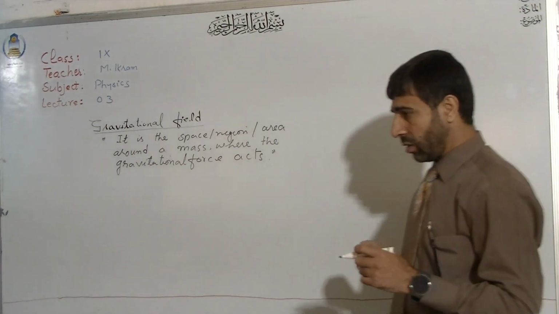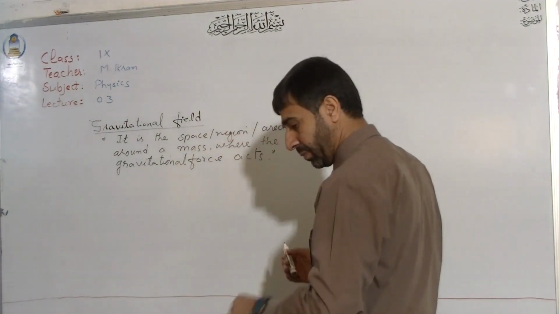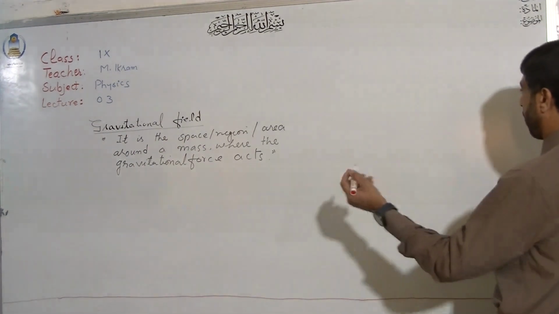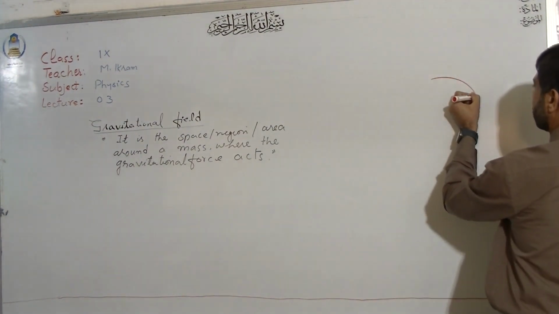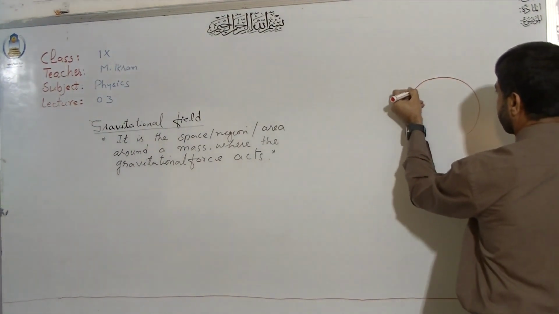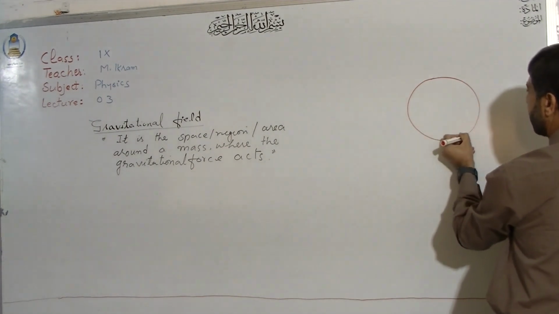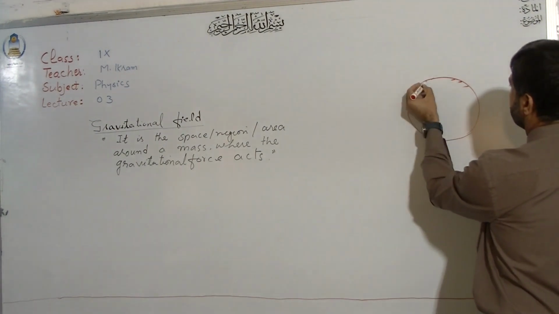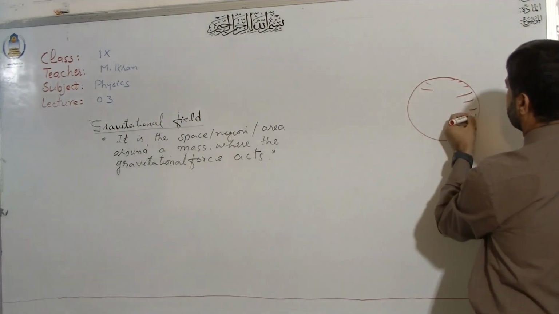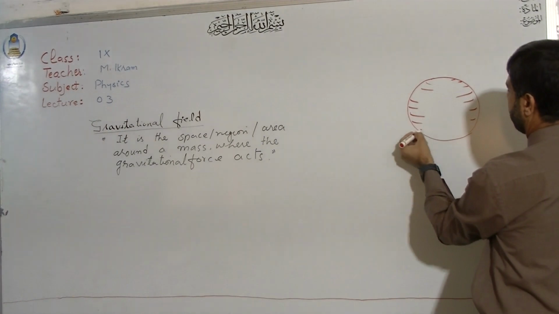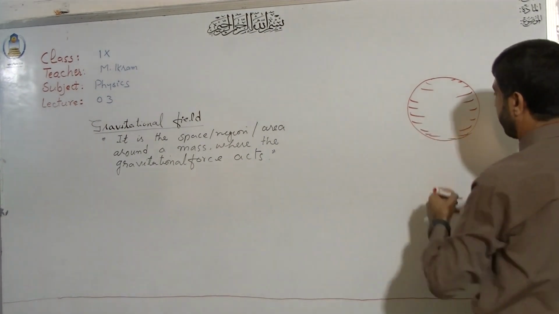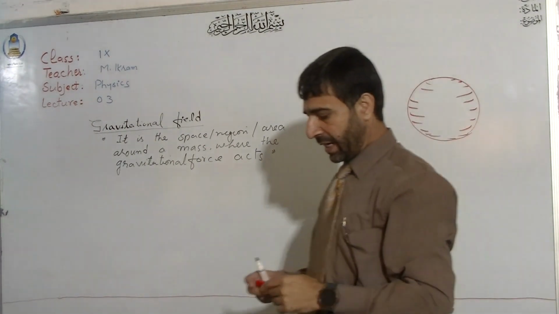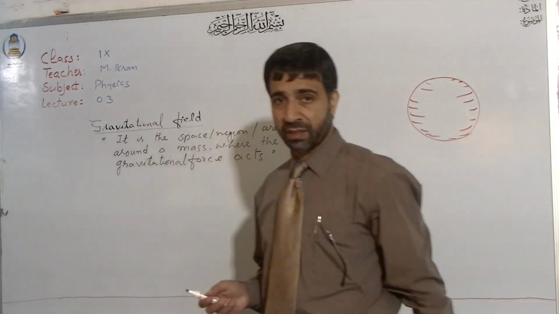Let us suppose this is an object or a body, and I consider a distance R. Now I just want to know what will be the limit to which it can act a force on the object.